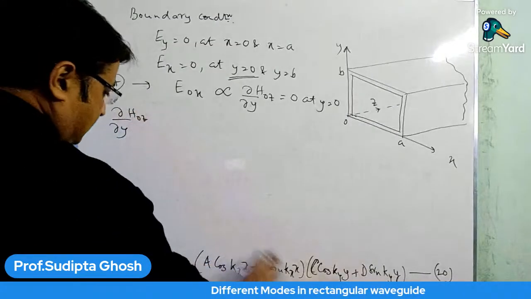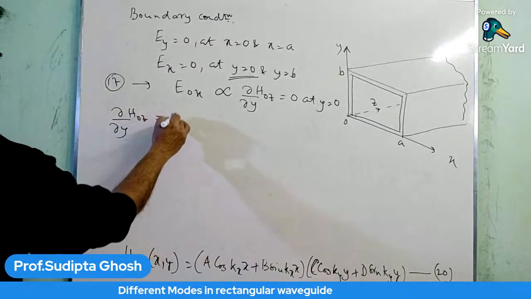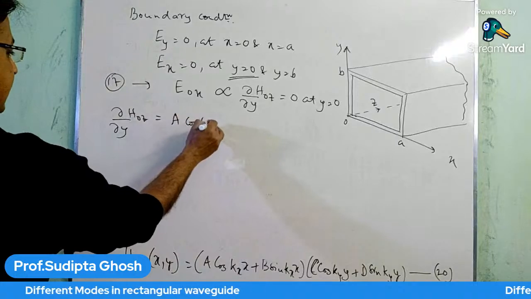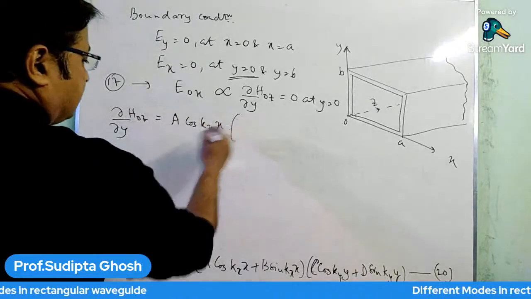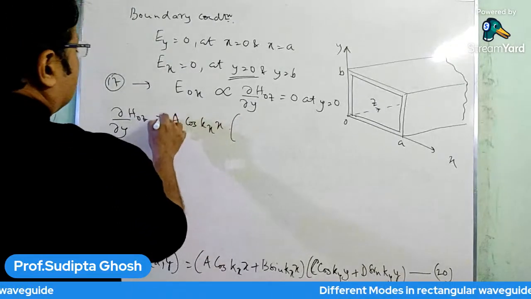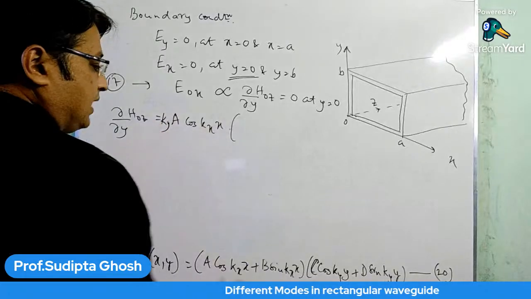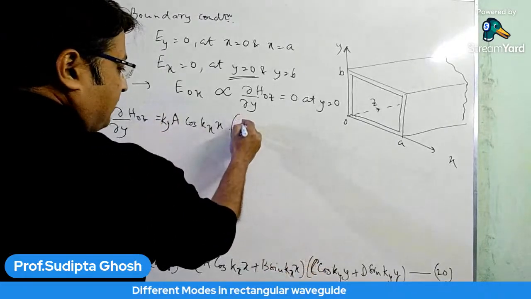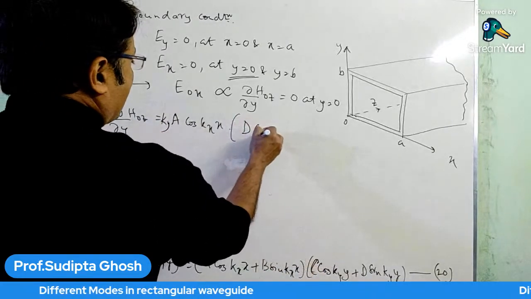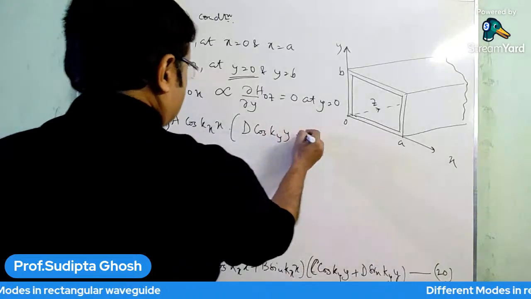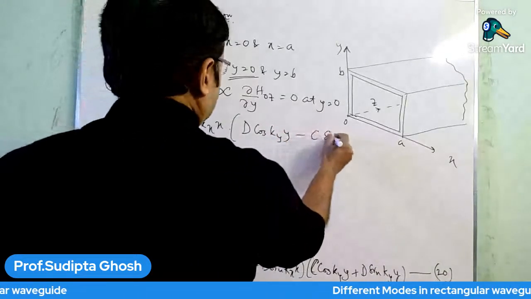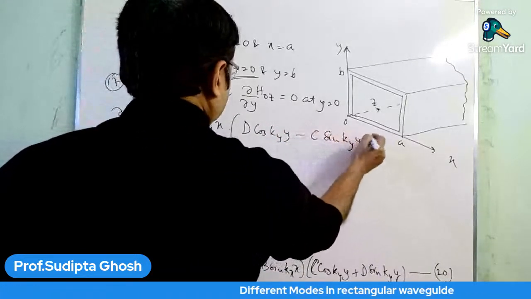Remember, B is not here. So we have A cos kxx, and then taking ky outside, I'm writing the positive value first, that is d cos ky y minus c sin ky y, right?